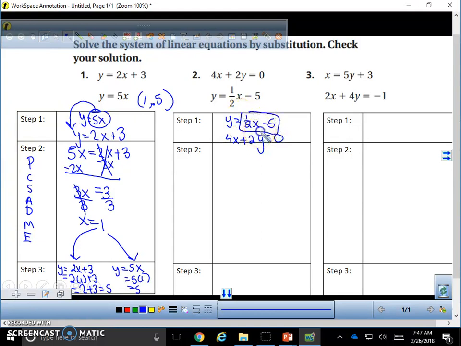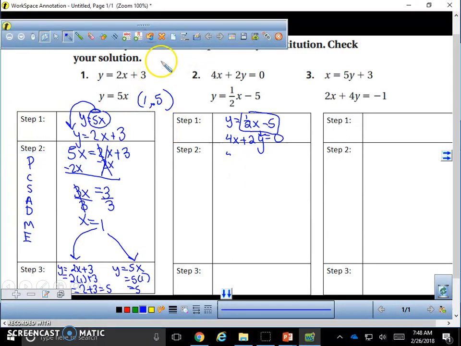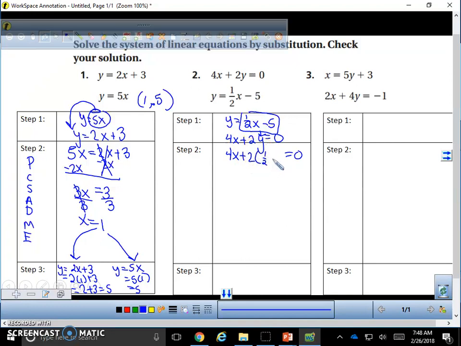So we're going to plug this in. Instead of saying y, everything else is going to stay the same, except instead of saying 2y, we're going to say 2 parentheses 1/2 x minus 5. We're going to say 1/2 x minus 5 now.